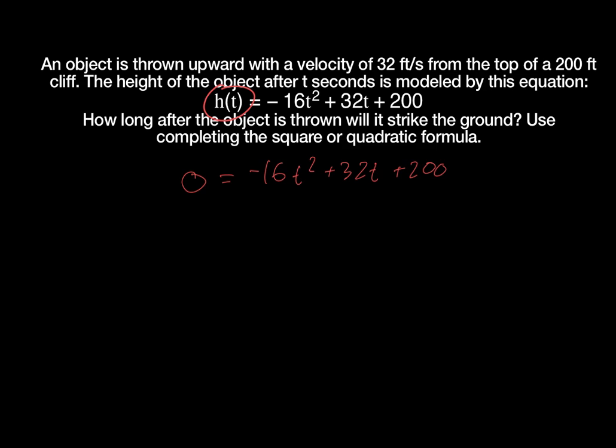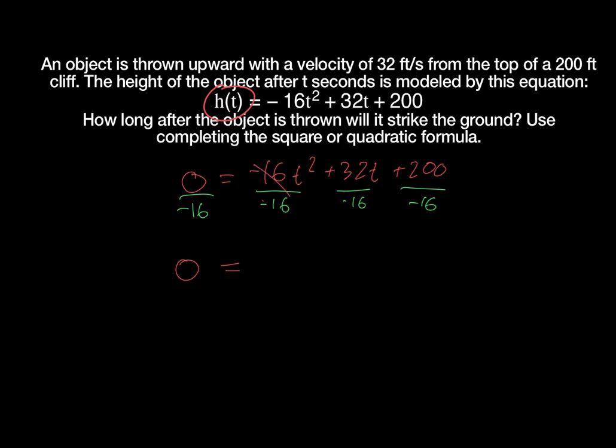Use completing the square or quadratic formula. What do you want to do? Tell you what I'm going to do first. I'm going to divide everything by negative 16. The reason why is now on the left I have 0.